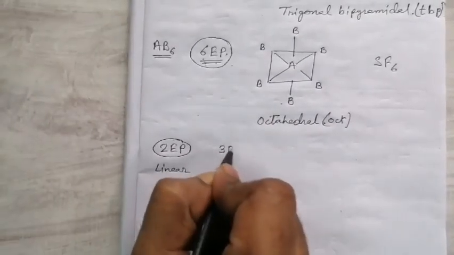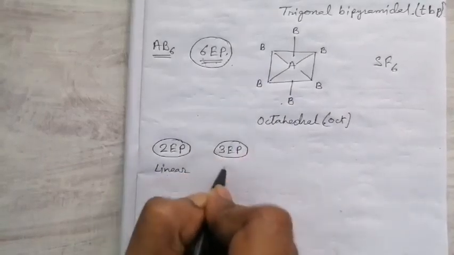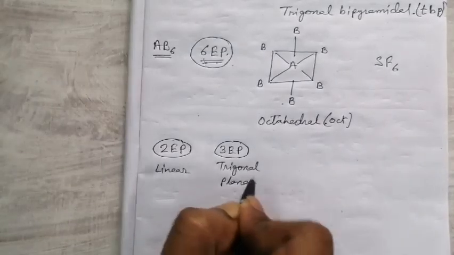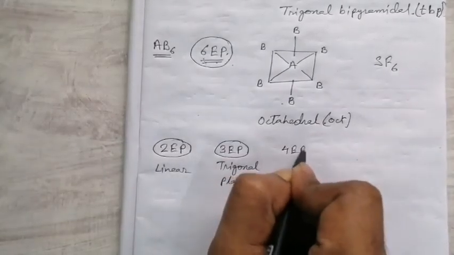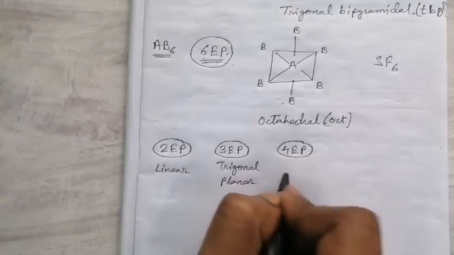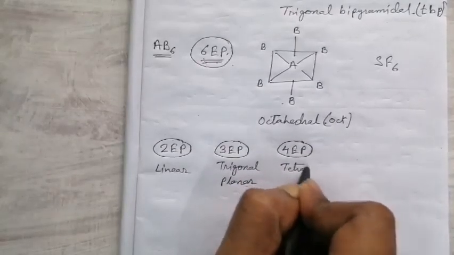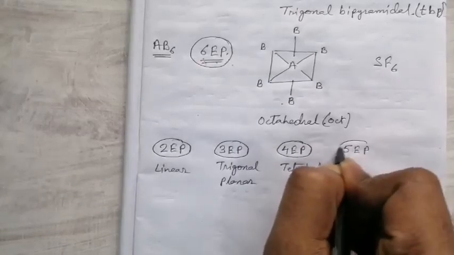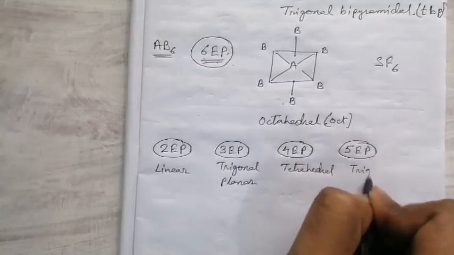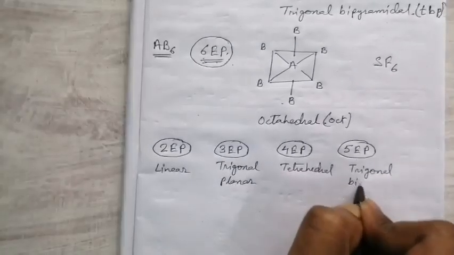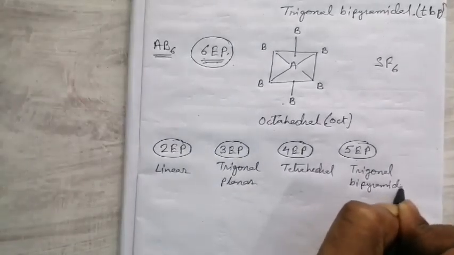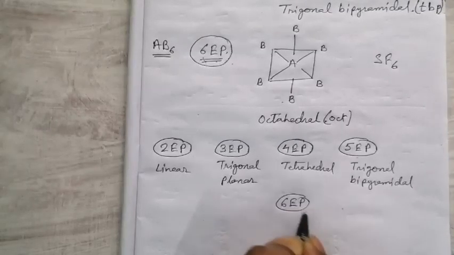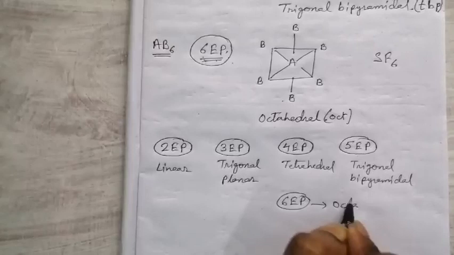If 3 electron pairs, then the shape is trigonal planar. If 4 electron pairs, then the shape is tetrahedral. If 5 electron pairs, then the shape is trigonal bipyramidal. And if it contains 6 electron pairs, we know the shape is octahedral.